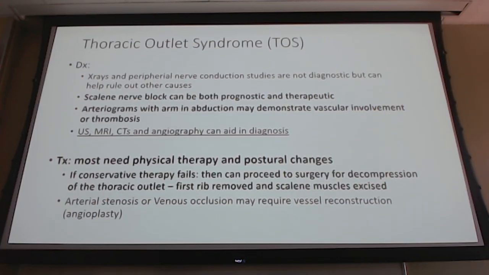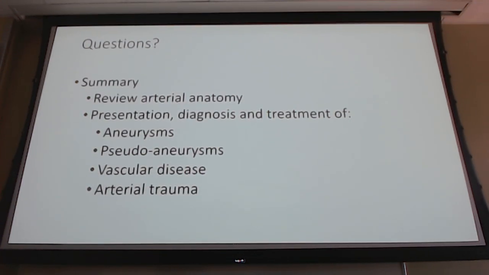Makes more room for that outlet of all the structures. Okay? If they don't want to do that, we can potentially do arterial reconstruction, venous reconstruction with bypasses and stents if we need to. But most of the time, we can take out that first rib and they go back to normal.